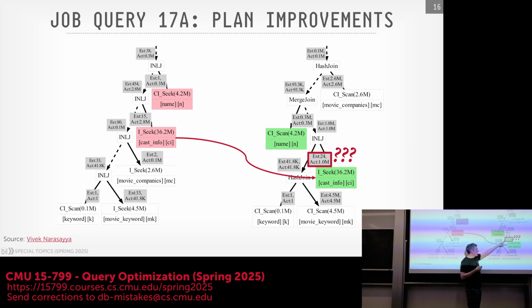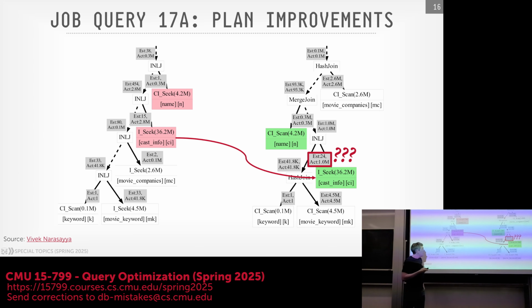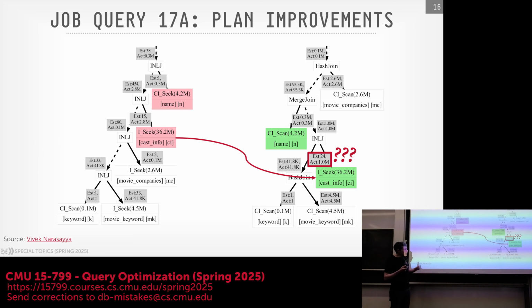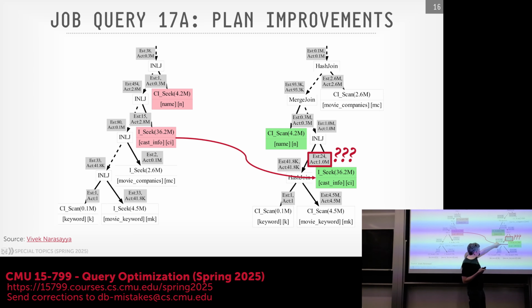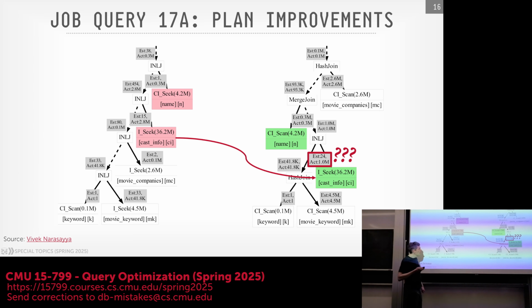So I think that's a mistake on their side, just in the diagram. But again, the main takeaway is that it's still an index seek, but we changed what it's joining against. It was joining against what was coming out of this thing here, and now it's joining against what's coming out of this hash join here.